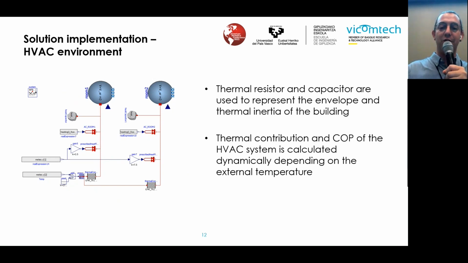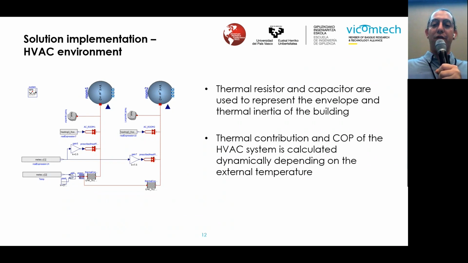So both heat sources are included, the HVAC and irradiation, and they contribute in parallel to heat the adjacent rooms, and the rooms are modeled here with a volume. Now the heat losses to the exterior are calculated depending on the external temperature and the building envelope thermal resistance or admittance. And this resistance has been calculated according to the French regulations for thermal insulation.